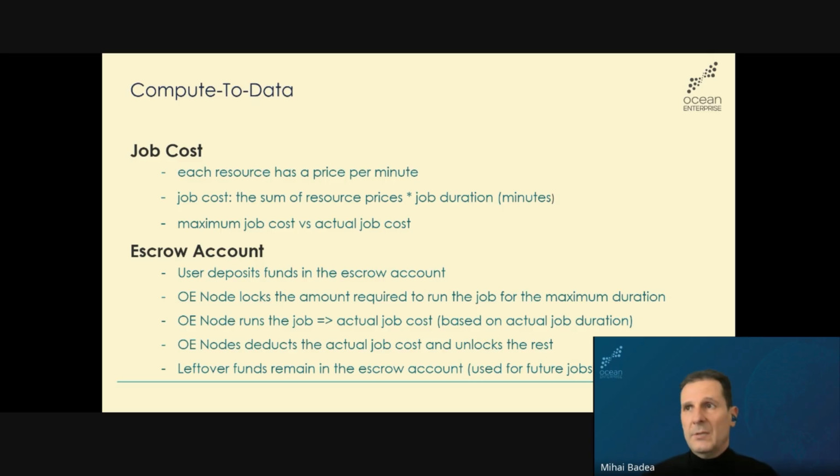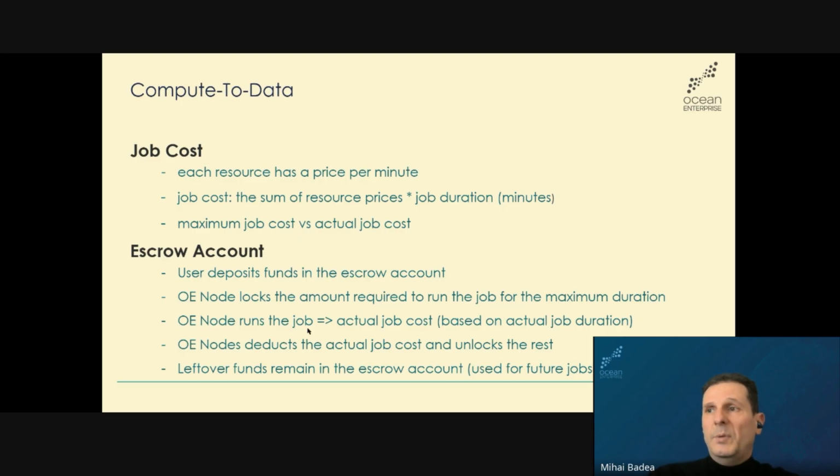So what happens actually? What are the steps involved in using this escrow account? First, the user deposits funds in the escrow account and then initiates a computer data job. The OE node that will perform the job will lock the amount required to run the job for the maximum duration. So basically, it will lock the maximum job cost in the escrow account.